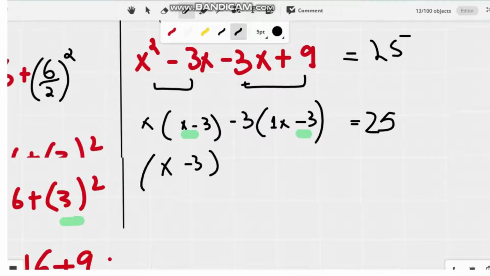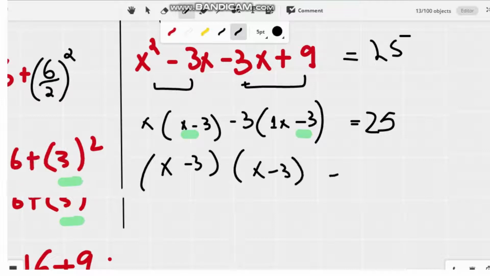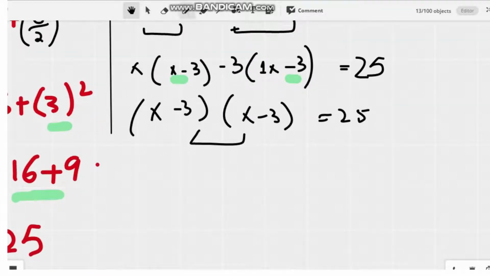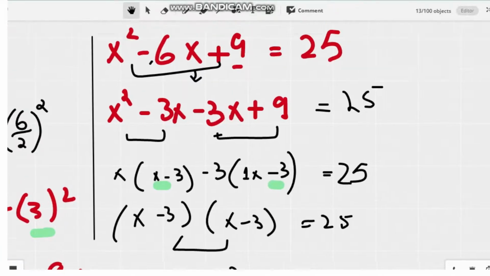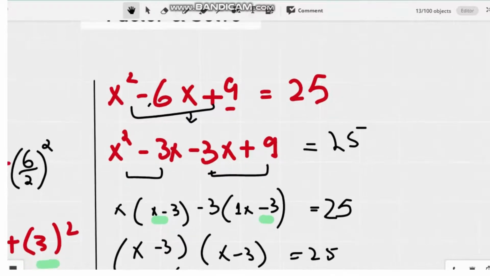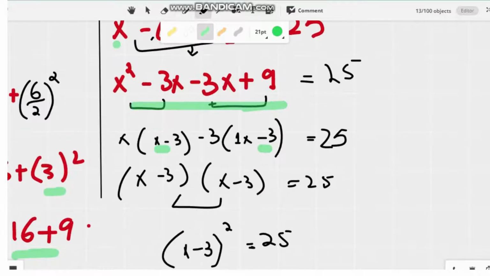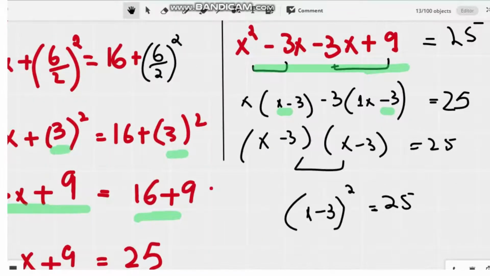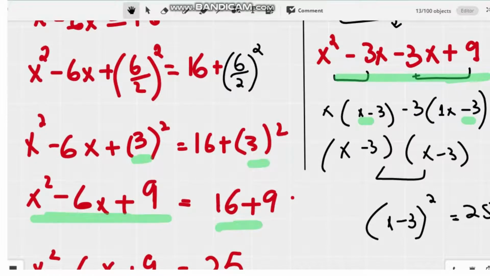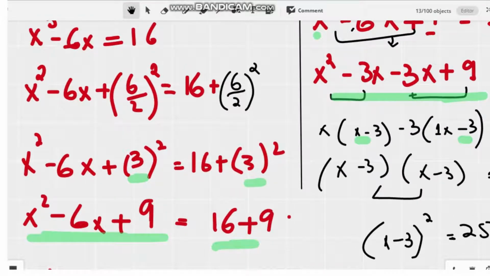I will tell you one more trick here. X minus 3 equals 25, and you can see that they both are the same factors. So what we're going to do is write it just once here, x minus 3 whole square equals 25. Okay, so this whole big step that I did here, x square minus 3x plus 9, you can directly write after this equation as x minus 3 whole square, because in the second step we said that we are adding 6 divided by 2 whole square, which is 3 square.